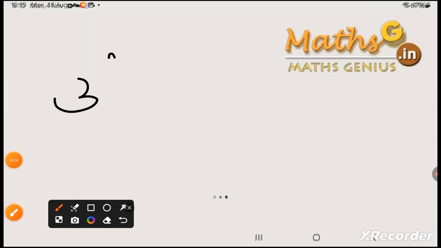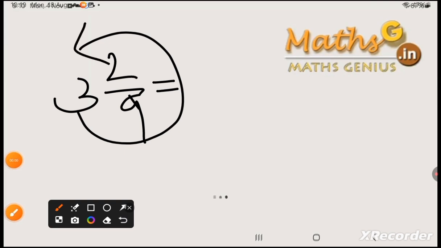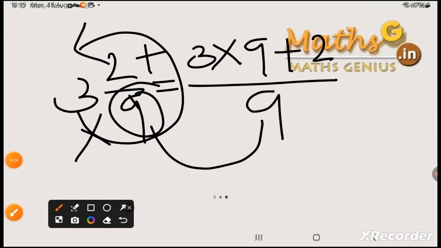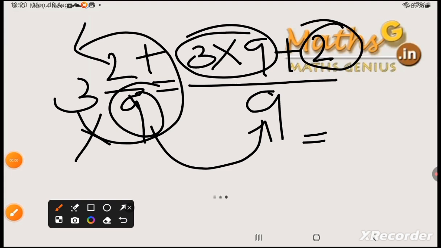Similarly, a mixed fraction can be converted to an improper fraction this way. Here there is a multiplication and here there is an addition. So you can just write 3 into 9 plus 2, divided by the denominator, which stays as it is, 9. So 9 3's are 27 plus 2, 29 by 9.